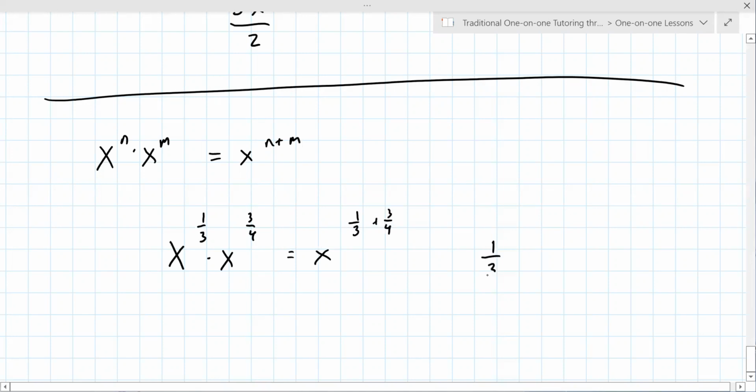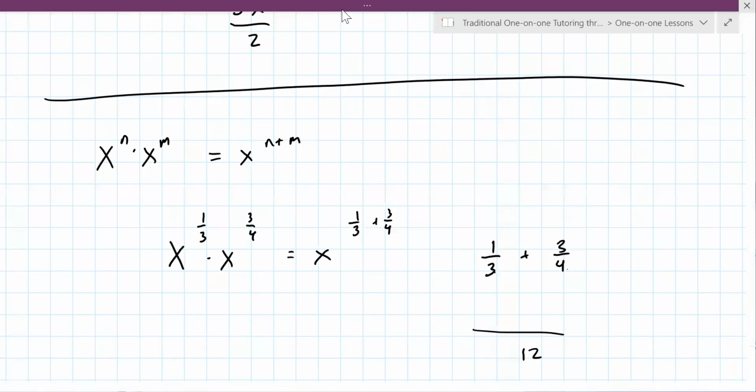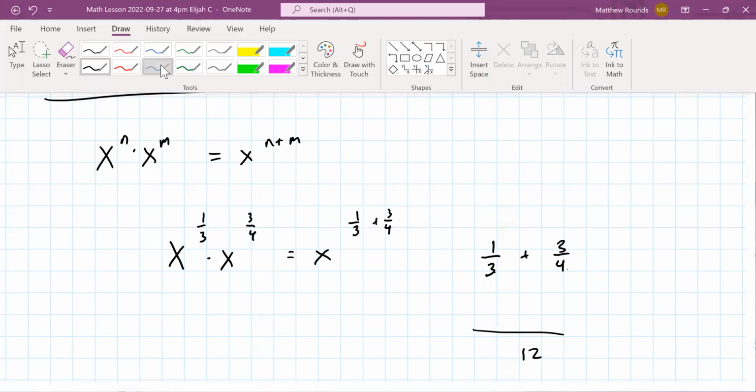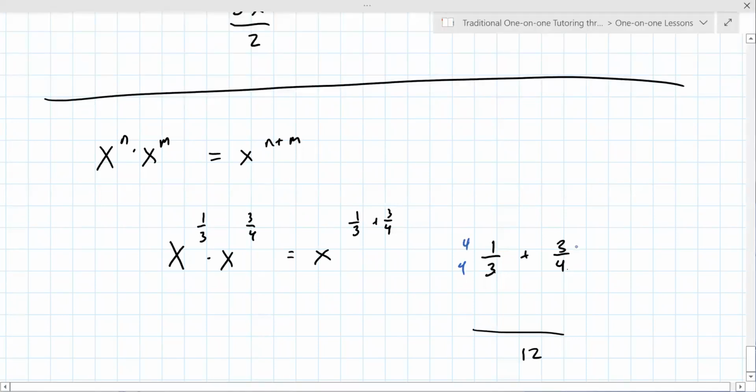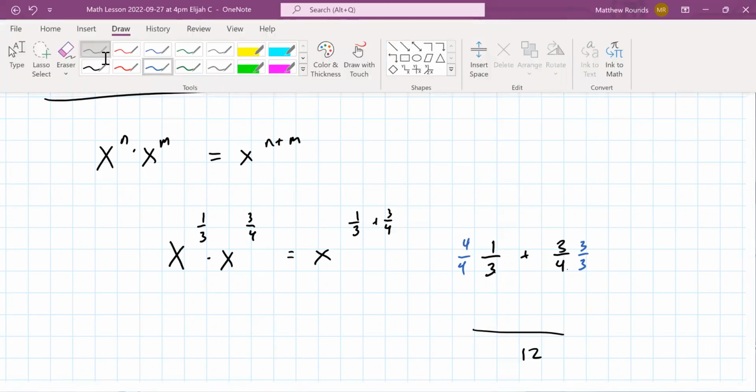To add fractions, you have to make a common denominator. What's the common denominator between 3 and 4? 12. Okay, so what did you multiply 3 by to get to 12? I multiplied by 3. So that'd be 9. Nope, you multiplied 4 by 3, but what did you multiply the 3 by? 4. So you multiply the top and the bottom by the same number. So it'd be 13 over 12. And that's your final answer.